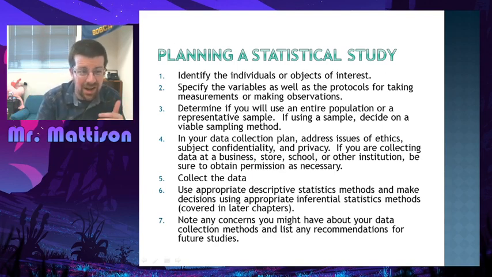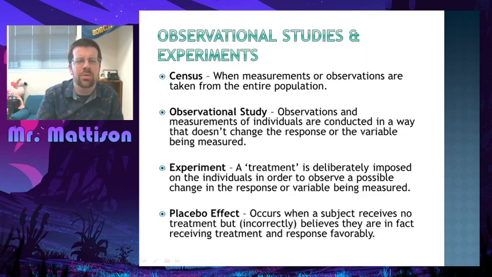All right, so once we've gone through this process, let's go through some more terms, and we'll look at some other things. So first of all, a census. Now, when you hear census, you typically think of the US Census when they go around and gather data from the entire population, like how many people live in your household, stuff like that.